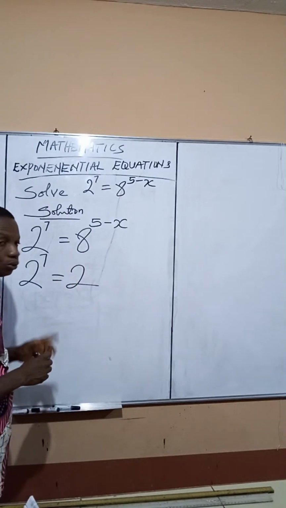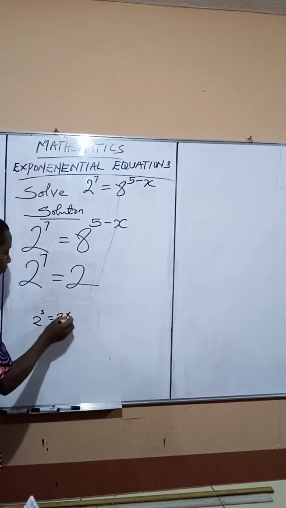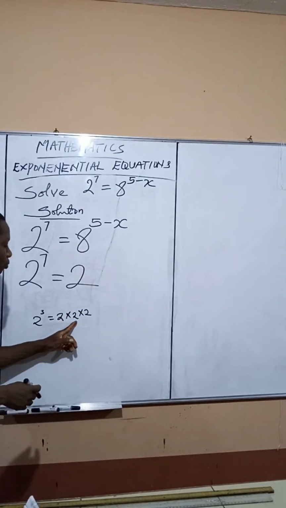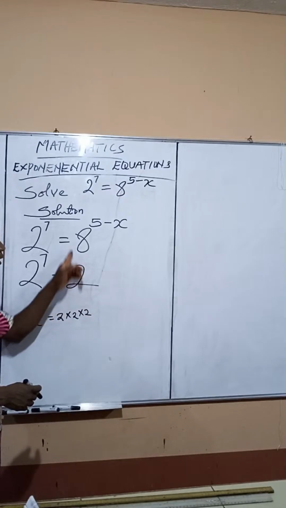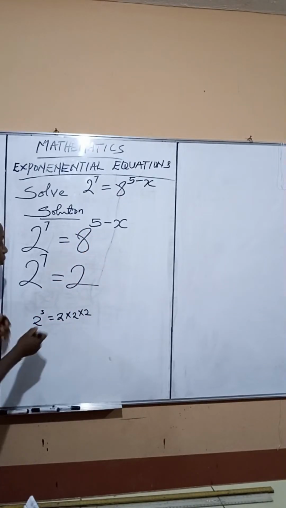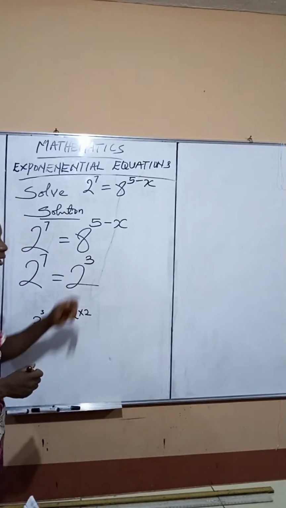It is 2 raised to the power 3, because 2 raised to the power 3 is 2 times 2 times 2. 2 times 2 is 4, and 4 times 2 is 8. So 2 raised to the power 3 is going to be here.